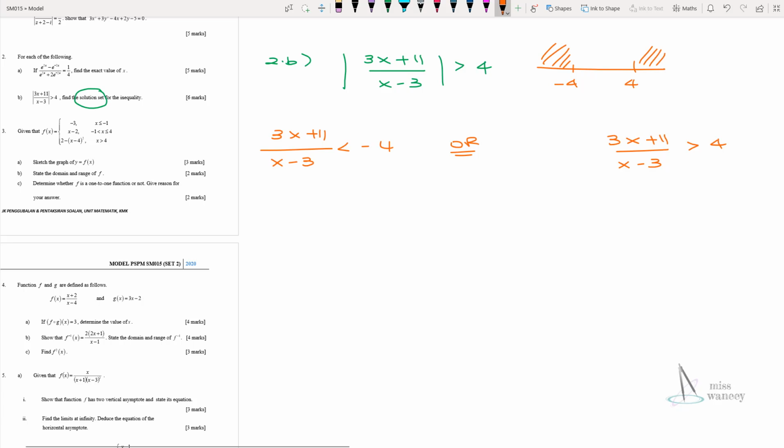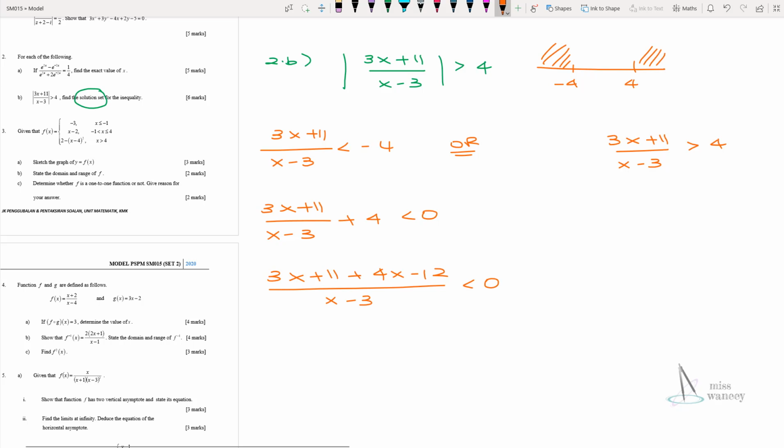Okay, so let me solve the left hand side first. Bring negative 4 to the right hand side. So 3x plus 11 over x minus 3 plus 4 less than 0. So 3x plus 11 plus 4x minus 12 over x minus 3 less than 0.